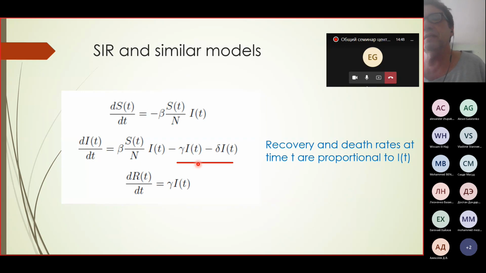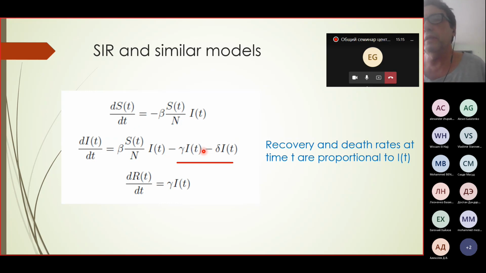But clearly, this is not possible because if the duration of the disease is, for example, 2 weeks, people who recover today became infected 2 weeks ago. So we should not take the total number of infected today, but we should take newly infected 2 weeks ago.